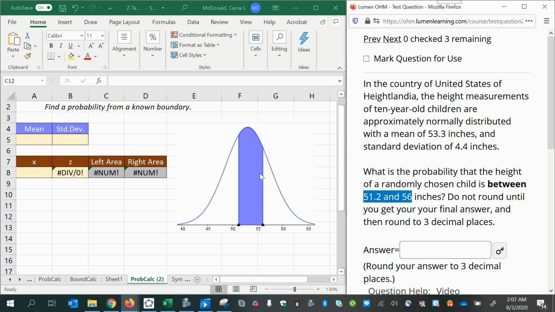height in this range. Now to find the answer, we can put in our mean of 53.3 inches, our standard deviation of 4.4 inches, and we're going to need two x values.